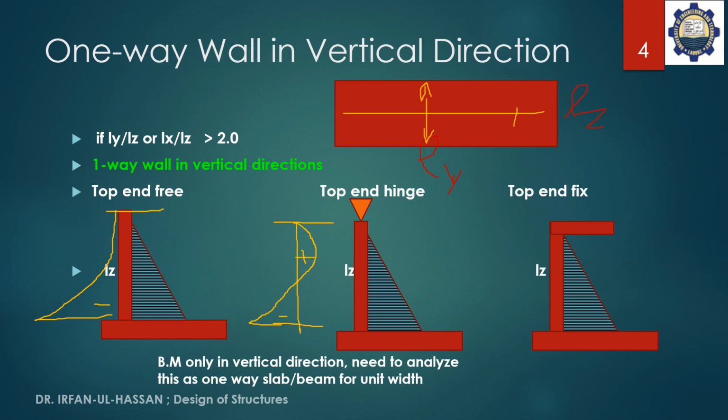So if you are computing this moment for the water loading, this will give the reinforcement on outer side, and the negative moment gives the reinforcement on the water side. Similarly, its negative moment in the first case gives the reinforcement on the water side.